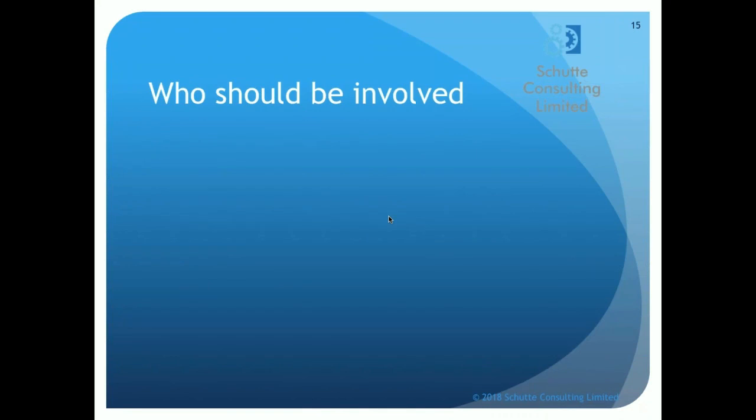Now, in relation to who should be involved, as you all know, I think by now, I am passionate about the project management profession and supporting it to do better, to deliver better projects in a more timely fashion. But I am often surprised about how little thought and time is given to contract negotiation, especially given how important it is.